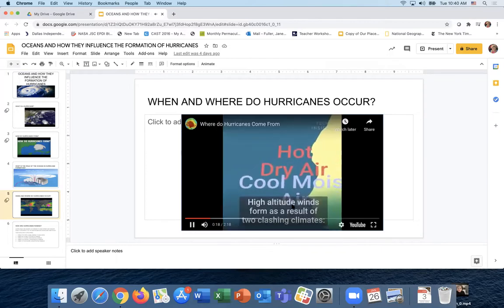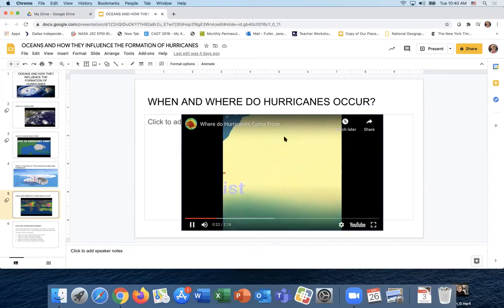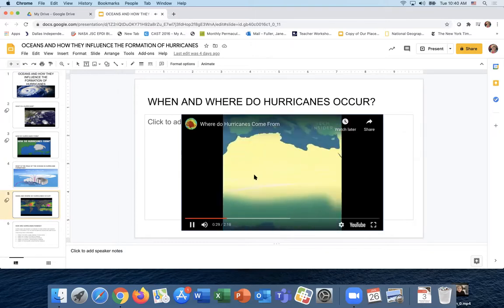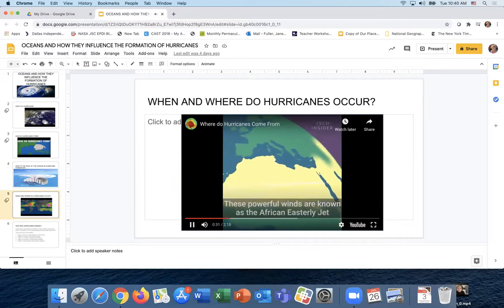So we have cool, moist air from sub-Saharan Africa meeting warm, dry air from the Sahara, and they meet here at Cape Verde, right off the coast.